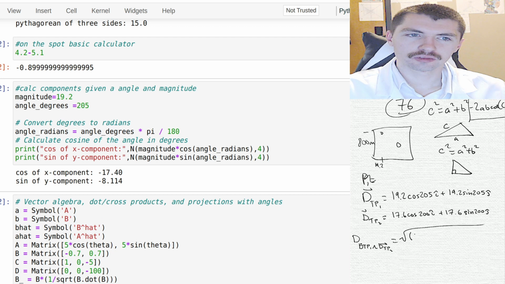It's going to be some number plus 17, some number plus 8.